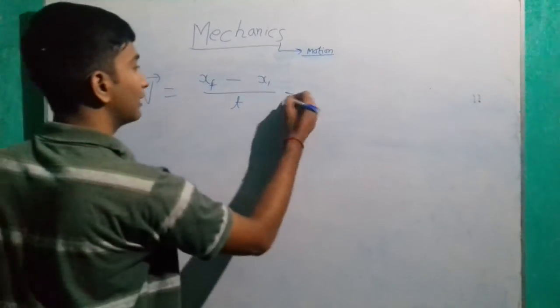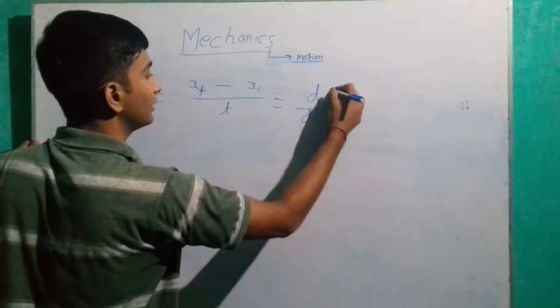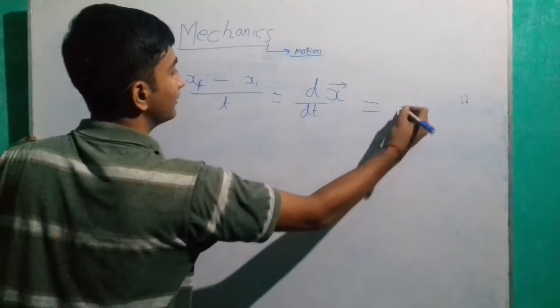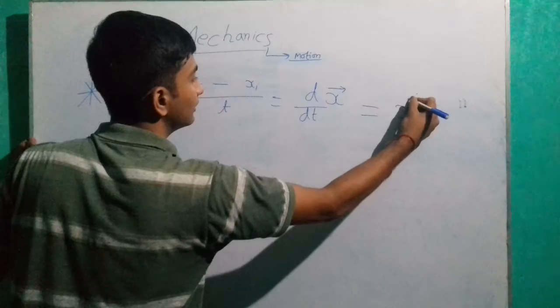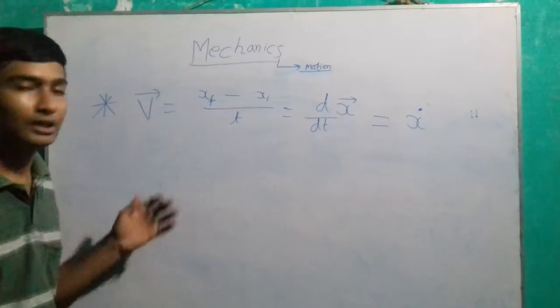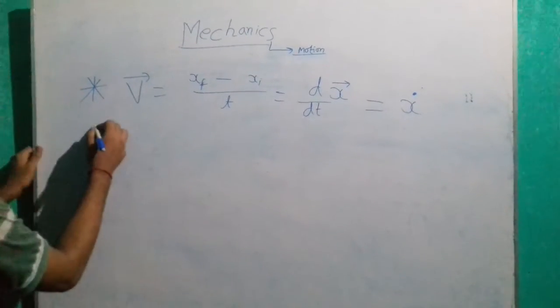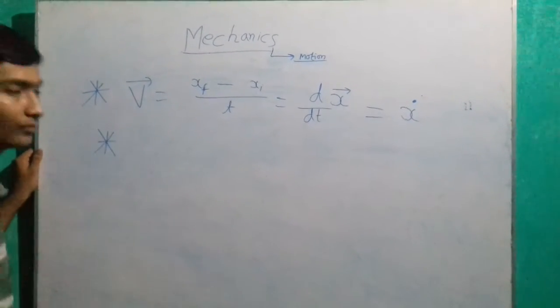This can also be written as d by dt of x vector. That means if we need to find the velocity vector, then we have to find the first derivative of the displacement vector.